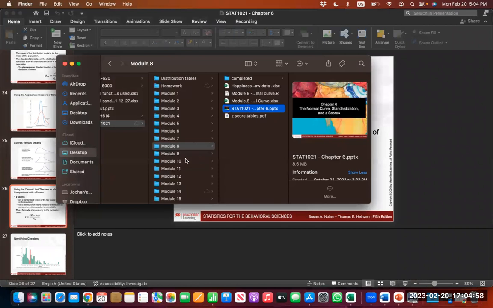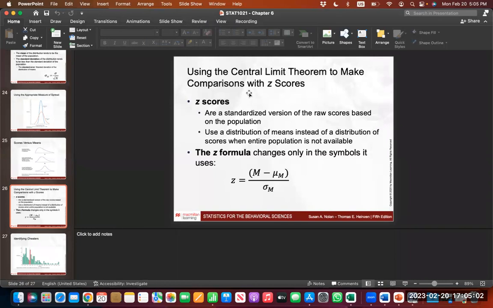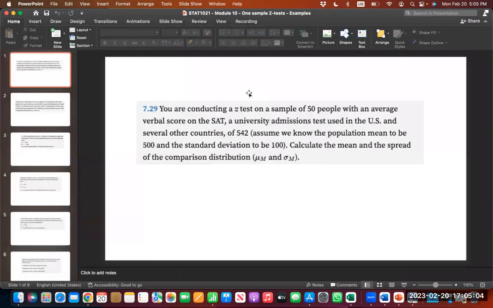Could be one of these examples here, which I have put. Well, you see the practice quizzes, right? The question could be something like that, and we will do this. So you're conducting a z test of 50 people, for example the SATs. So from your sample of 50 people, you have 542, and you're comparing this to a population mean of 500 with a standard deviation of 100.